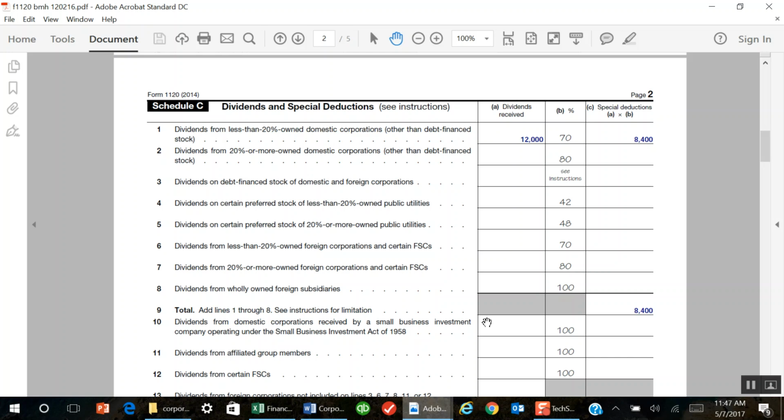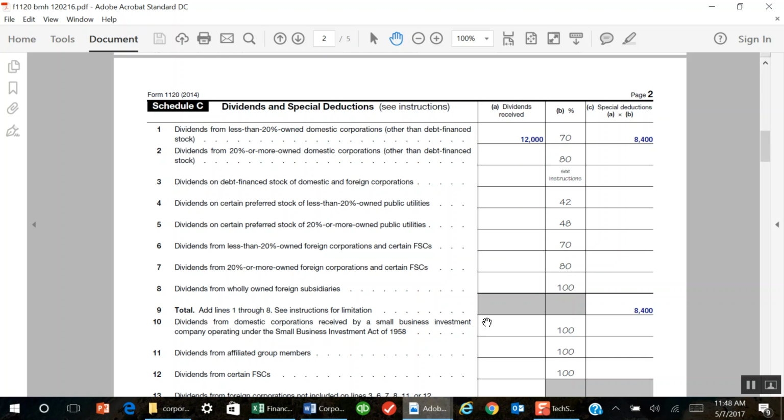So at least one of you got confused between dividends that are paid by AMI to its shareholders, and who are AMI's shareholders? Alvin and Fiona. Those are the two shareholders of AMI, this company whose return we're preparing.